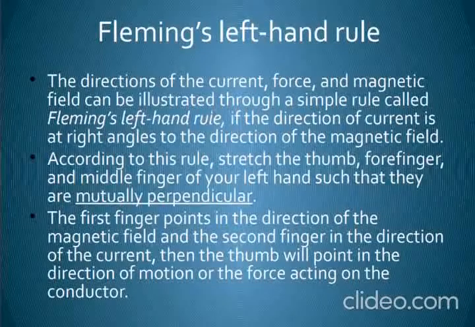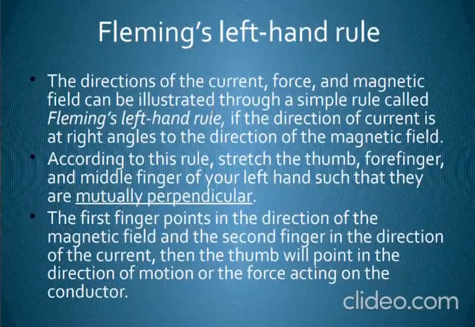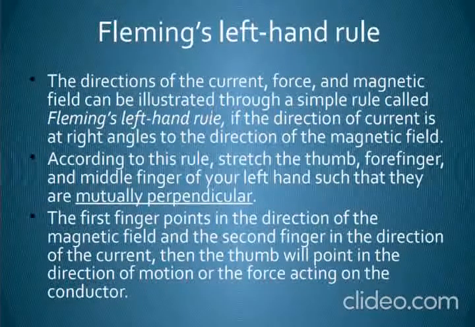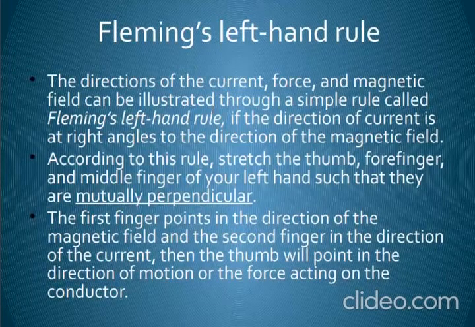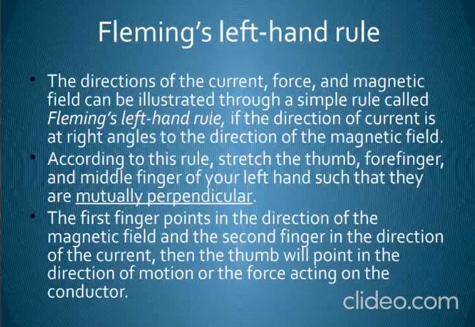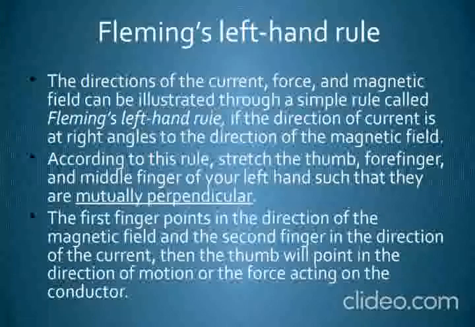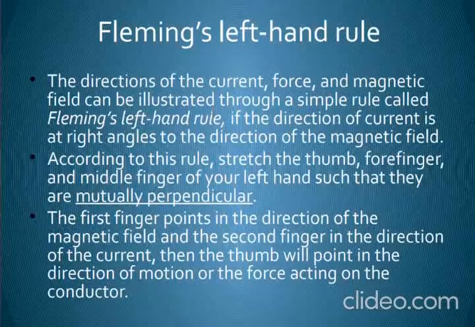According to this rule, if one stretches the thumb, forefinger and middle finger of his left hand in such a way that these three fingers are mutually perpendicular, with the forefinger pointing in the direction of magnetic field and the middle finger pointing in the direction of current, then the thumb would point in the direction of magnetic force.